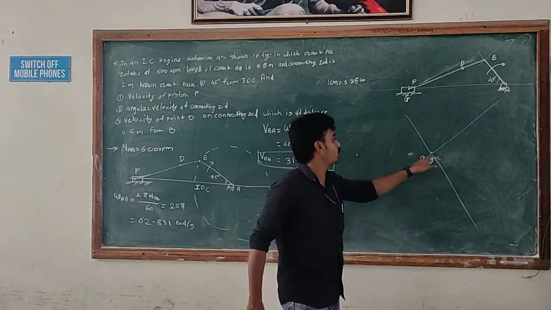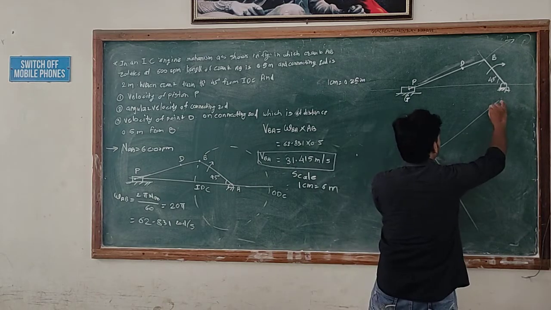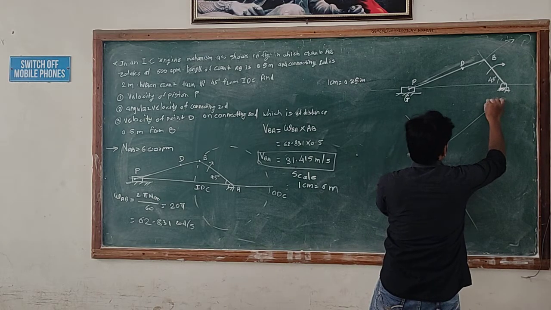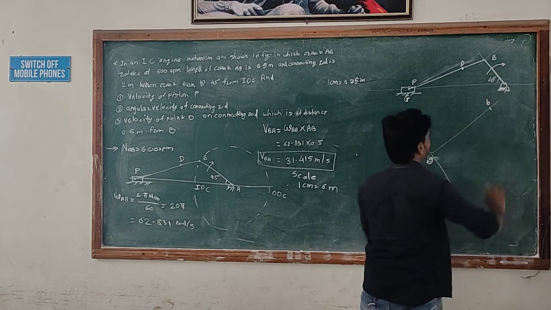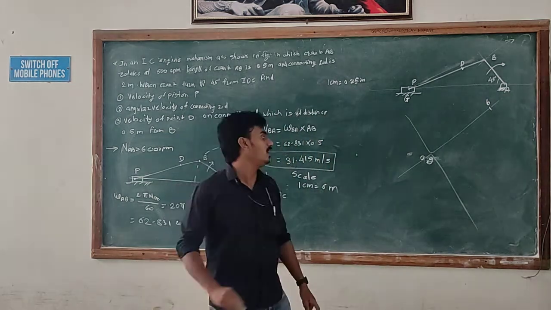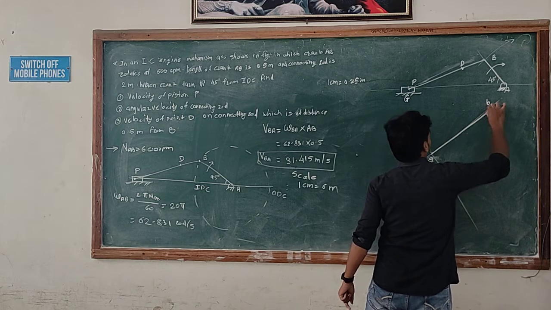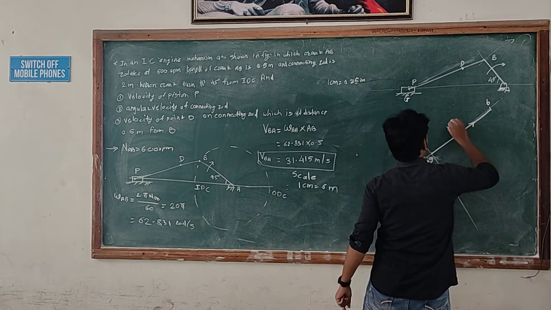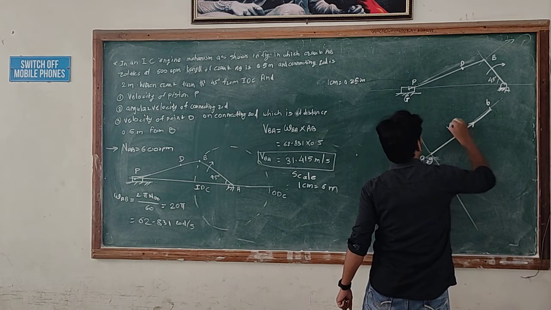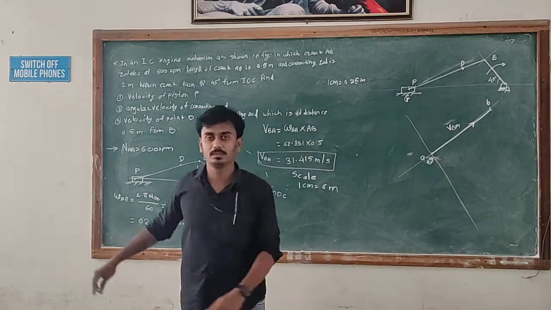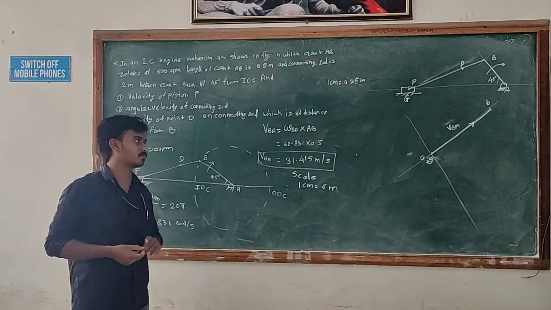So from this point, mark an arc of 5.2 centimeters, and this will give the point B. This is the velocity vector of the link AB, that is, the velocity of B with respect to A.